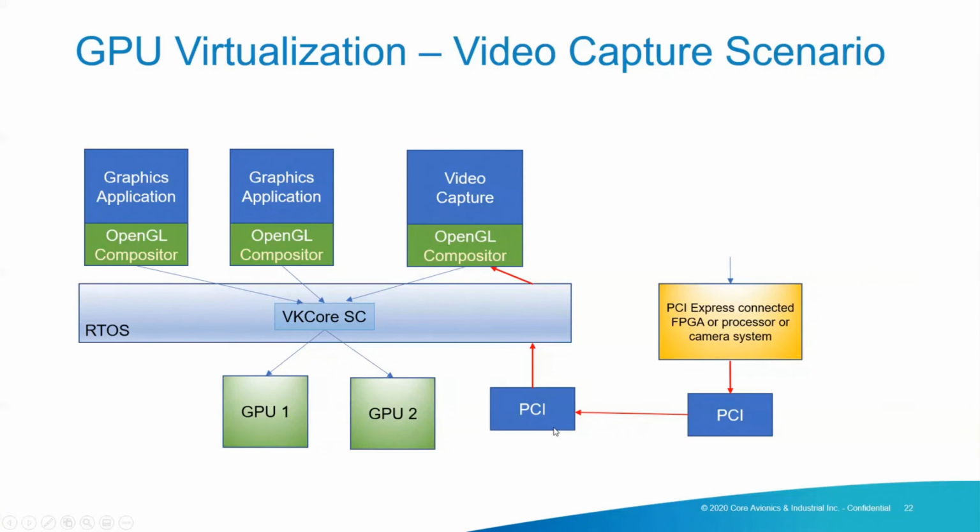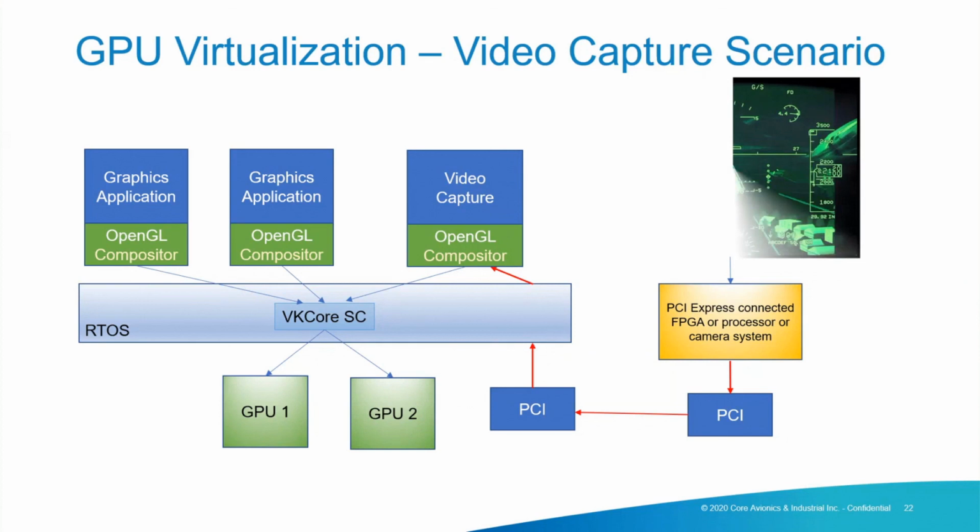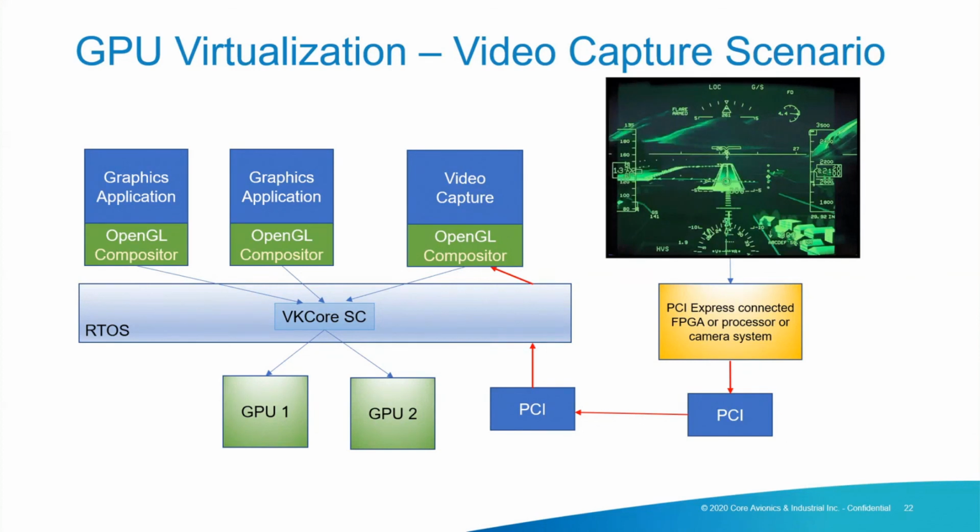And we may have to video capture some image from PCI Express using a connected FPGA or another processor card, or even a camera system, which is feeding data via PCI Express or even Ethernet. It depends on the architecture required. So the images might provide, for example, a nighttime infrared flight environment whereby the pilot wants to land the aircraft.